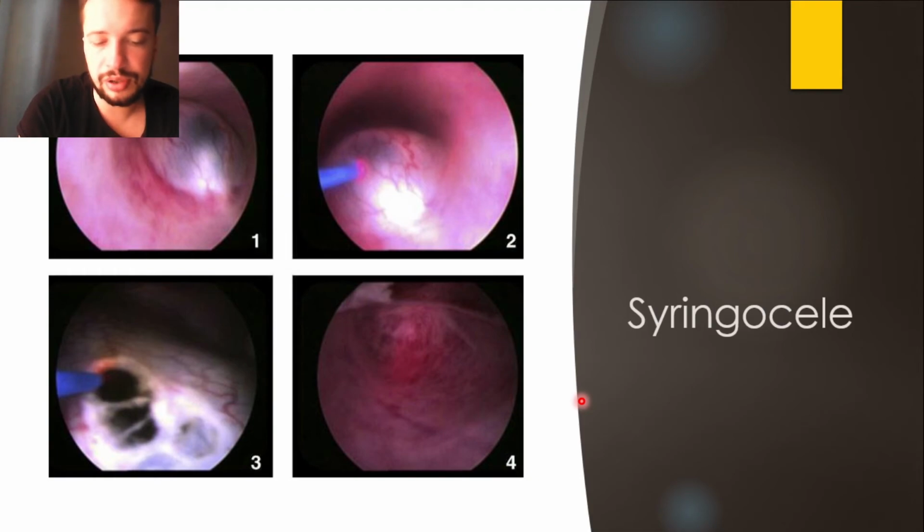Perforated syringocele, the third type, in which the orifice draining the duct is patulous and there is free reflux into the duct resembling a diverticulum. Fourth type, ruptured syringocele, in which the distal portion of the duct is dilated but is not in communication with the more proximal portion of the main duct.